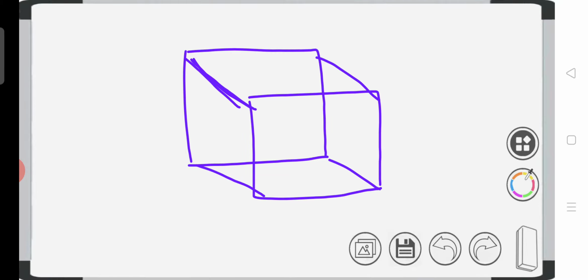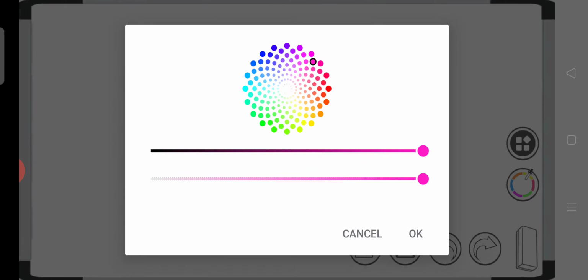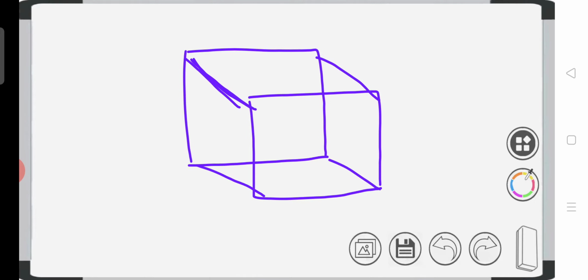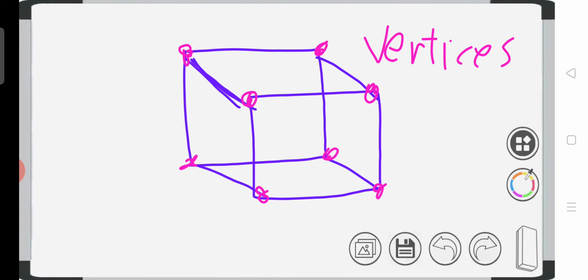So the corners, all of you can see here the corners. How many corners are there? 1, 2, 3, 4, 5, 6, 7 and 8. So here there are 8 corners. So vertices will be 8.